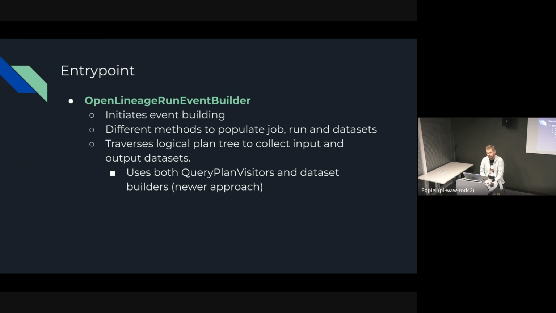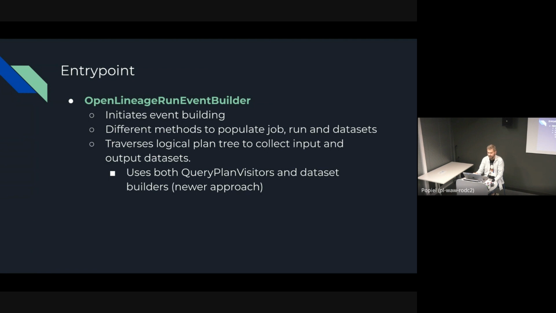It has different methods to populate job, run, and datasets. The main idea of this class is to traverse the logical plan to collect input and output datasets, using two approaches: query plan visitors and dataset builders, which is the newer approach.